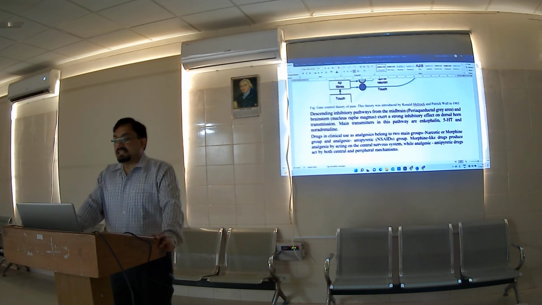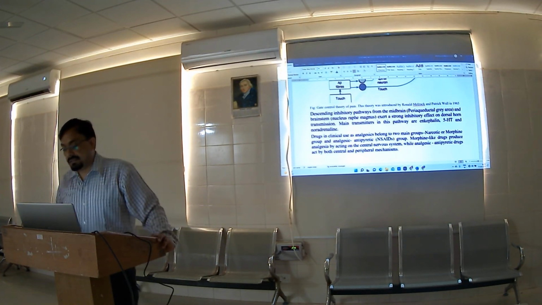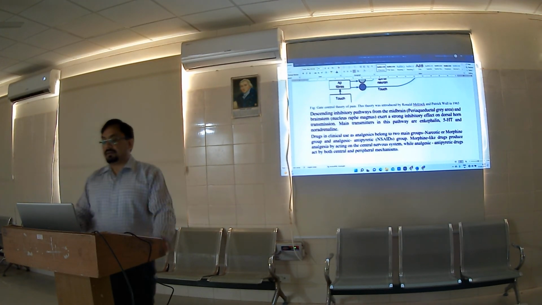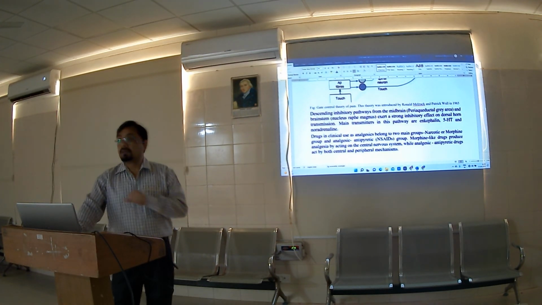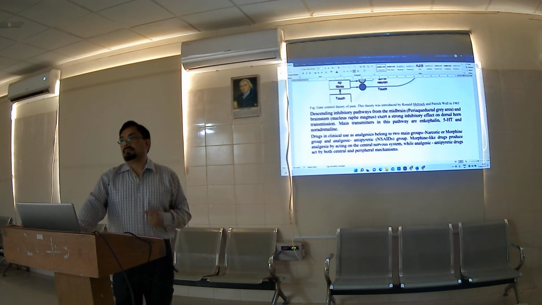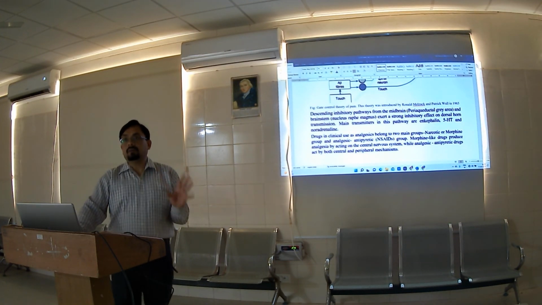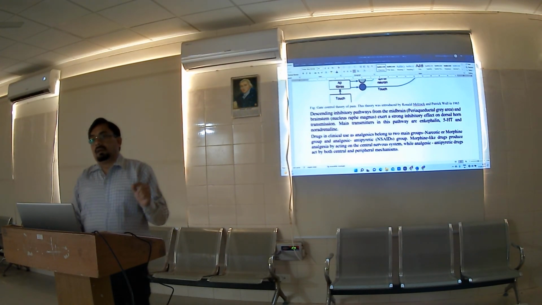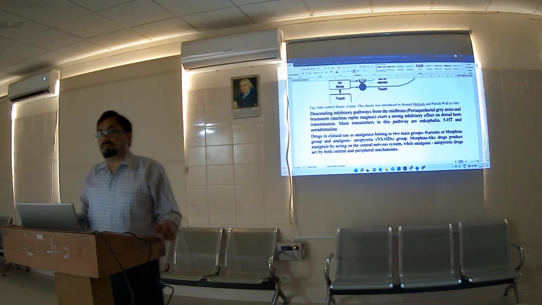Morphine-like drugs produce analgesia by acting on the central nervous system, while analgesic antipyretic drugs act both centrally and peripherally. But the primary action is peripheral, that is primary and secondary.